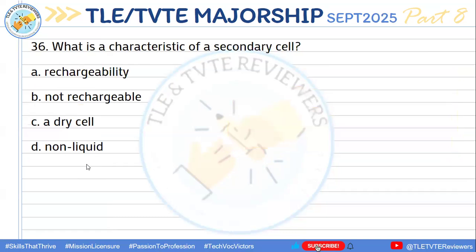Number 36, what is a characteristic of a secondary cell? A, rechargeability. B, not rechargeable. C, a dry cell. D, non-liquid.